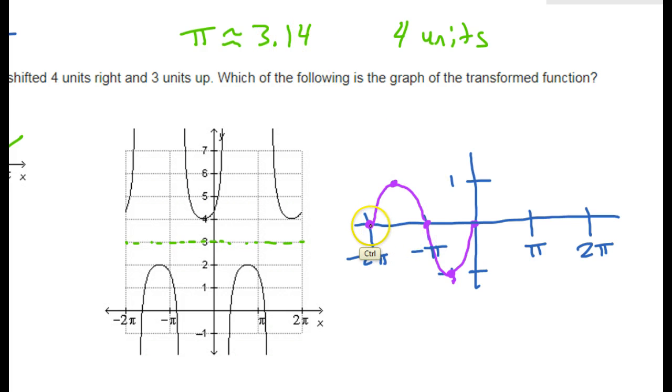Look at the first point. If I shifted this over a little bit more than pi, that would be here. Look at the middle point. If I shifted, this would be pi, and here's a little bit more than pi. And look at the final point. Here would be pi, here's a little bit more than pi. So this period of the sine function would look something like this.